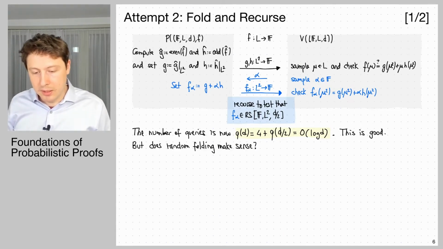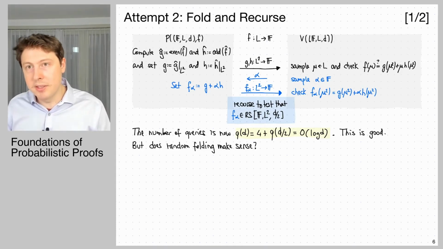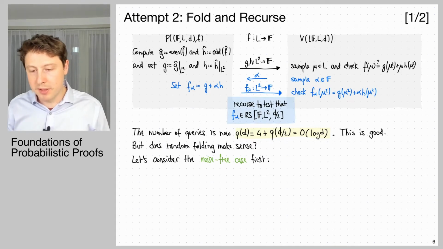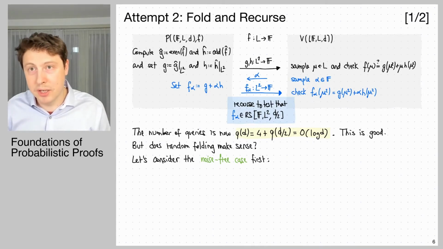Does folding make sense? Does it behave correctly with respect to degree? Let's first build some intuition in the noise-free case. Suppose for a moment that the adversary is only trying to cheat by sending functions that have no noise.